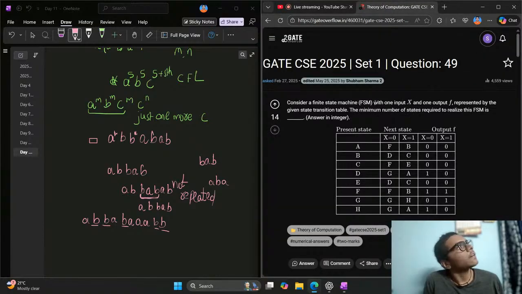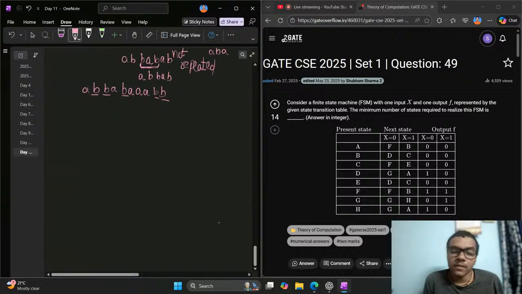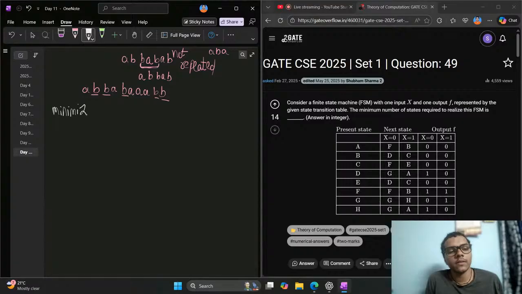Consider a finite state machine with one input X and one output F. Okay, given the transition table, the minimum number of states. I have learned minimization.